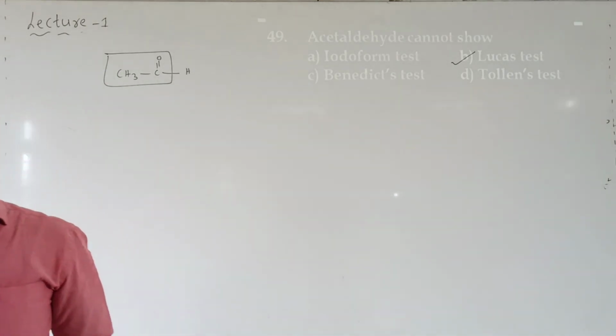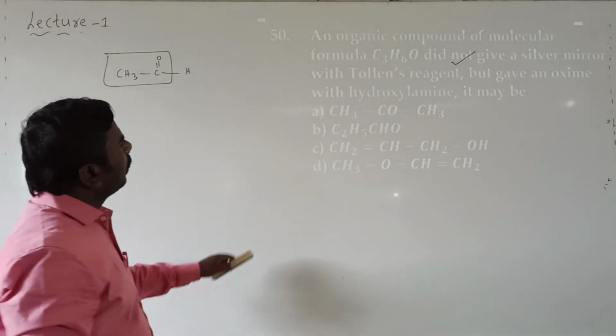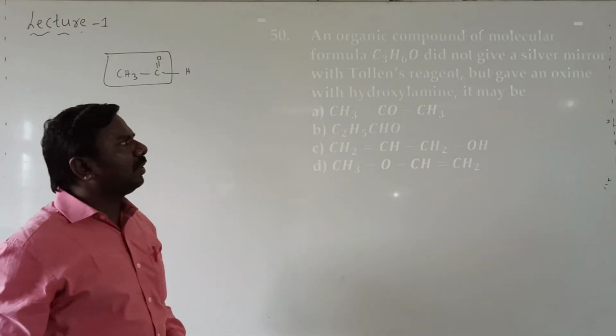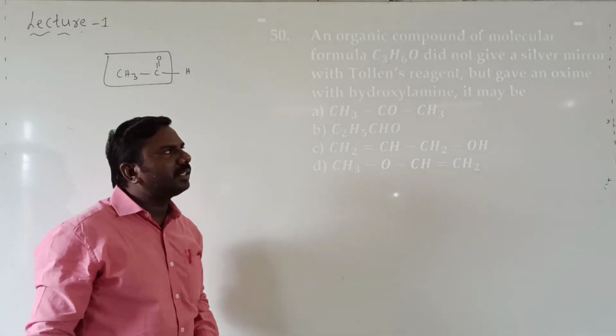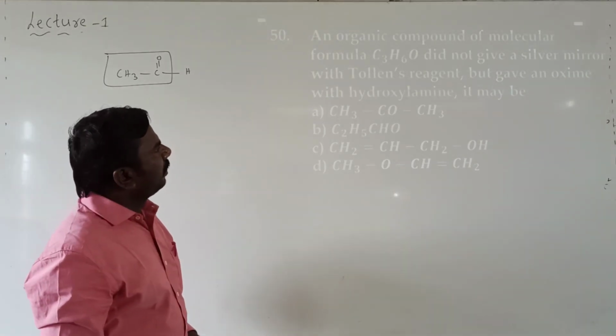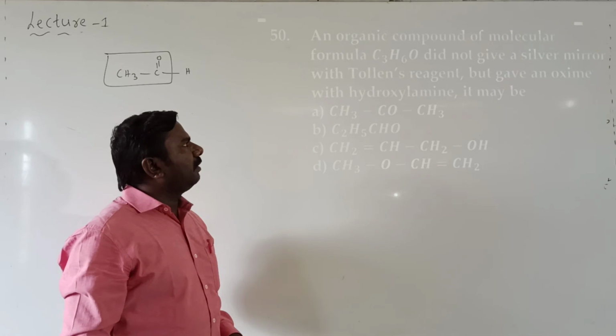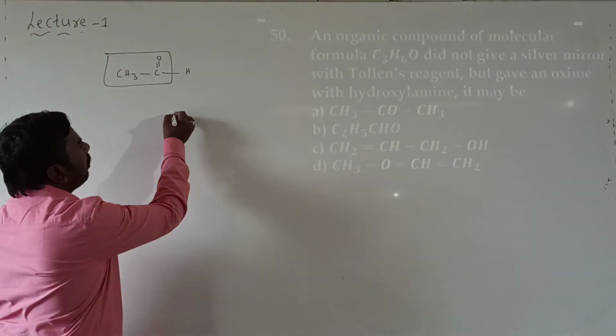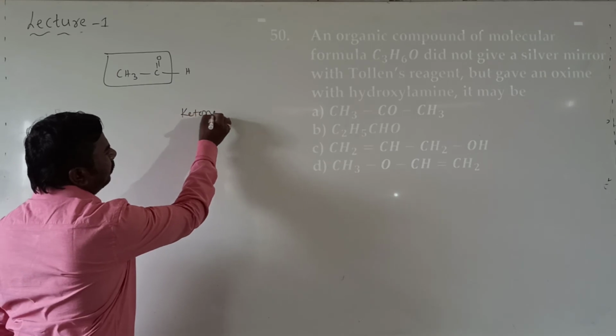Next. An organic compound with molecular formula C3H6O did not give a silver mirror test with Tollens' reagent, but gave an oxime with which one? Yes. Did not give means that must be a ketone.